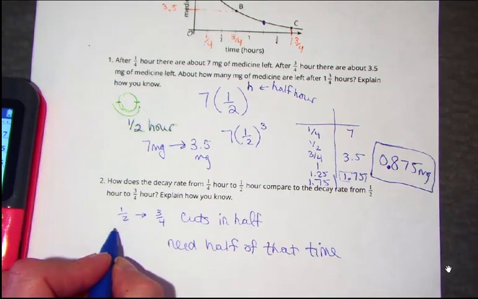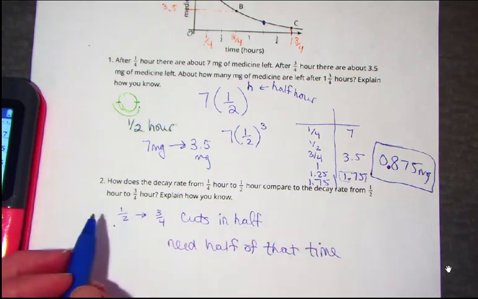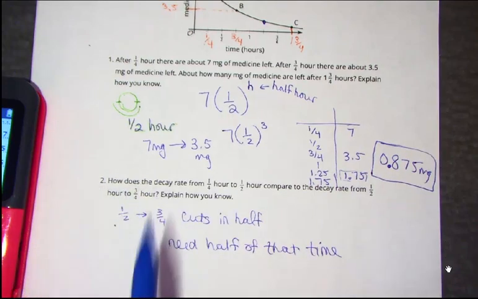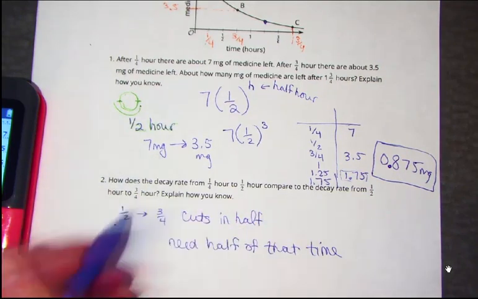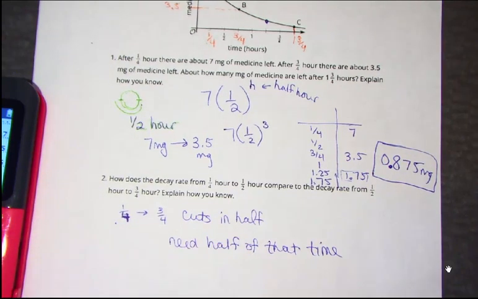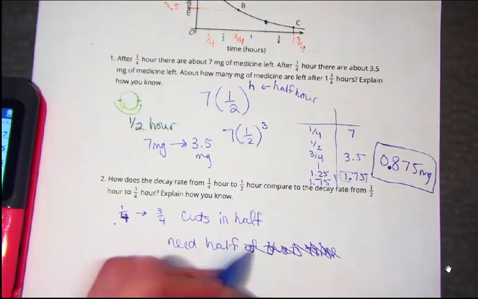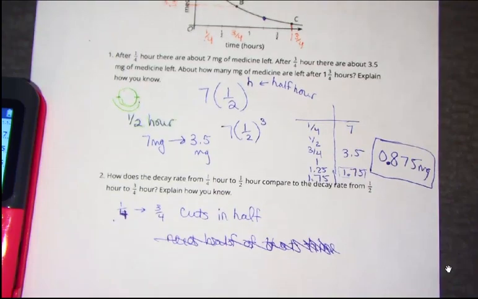Okay, so 1/2 hour. Oh, wait. I'm sorry. Hold on. I'm thinking of this the wrong way. 1/4 hour to a ½ to 3/4 of an hour cuts it in half. I don't need half that time.